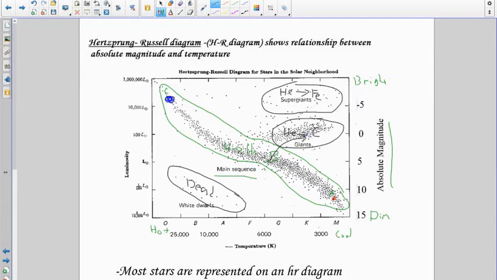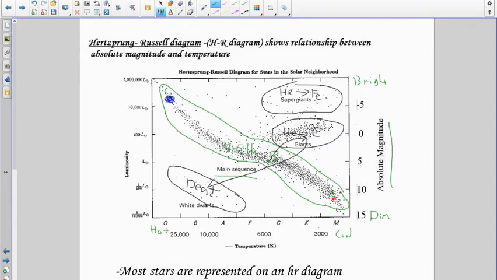But the sun does not have sufficient mass to fuse beyond carbon. Once it has a fully carbon core, it will not be able to fuse anything beyond that, and it will become a white dwarf. So a star like our sun goes from where it is in the main sequence now to a giant, and then down to a white dwarf.